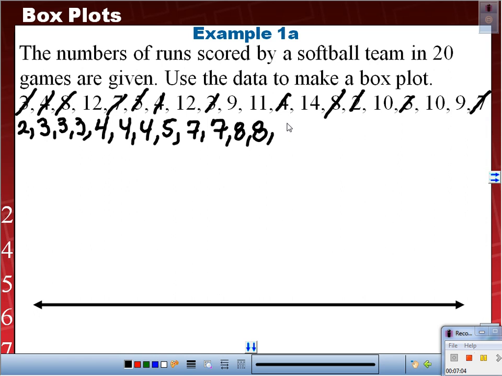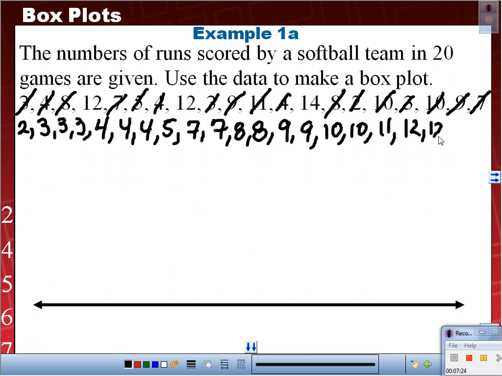There's 2 9s. There's 2 10s. There's 1 11. There's 2 12s. And 1 14. So when you get data with a lot of numbers like that, go one by one and start scratching out numbers as you order them. Okay? So like that you keep organized.